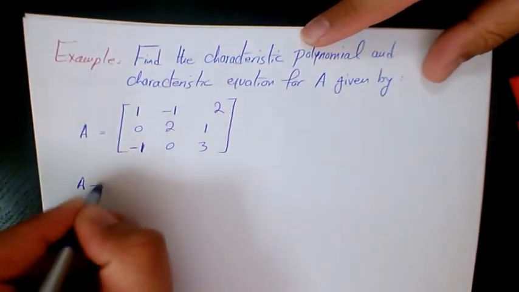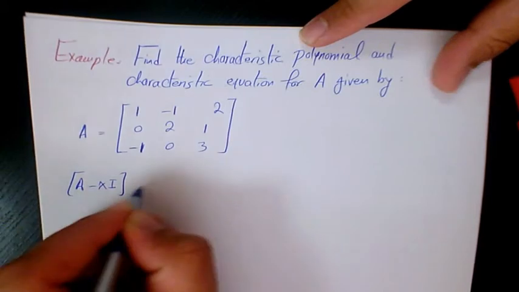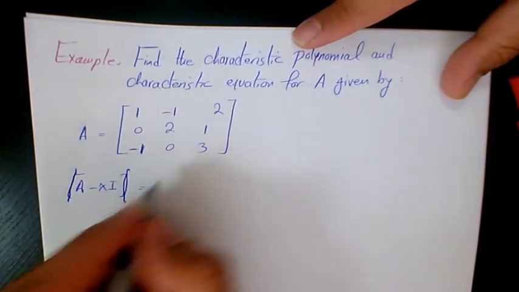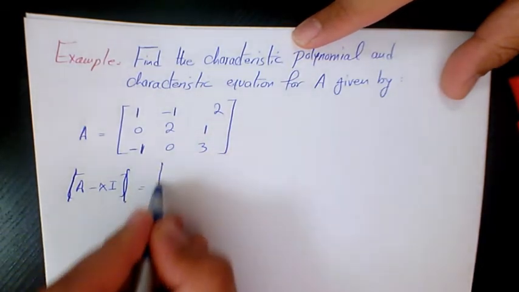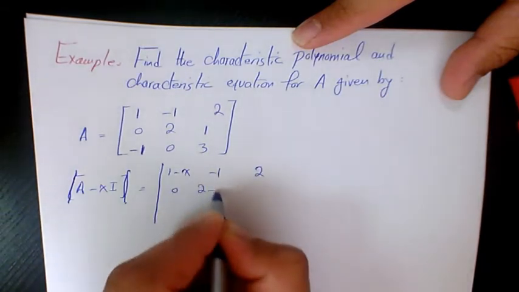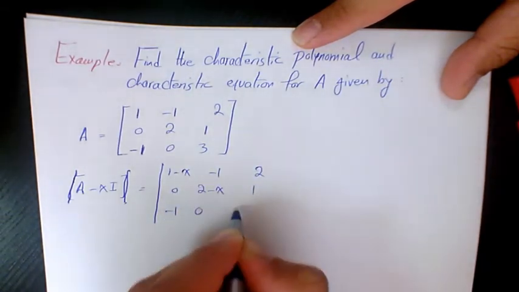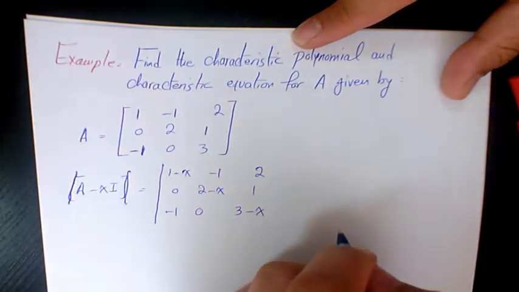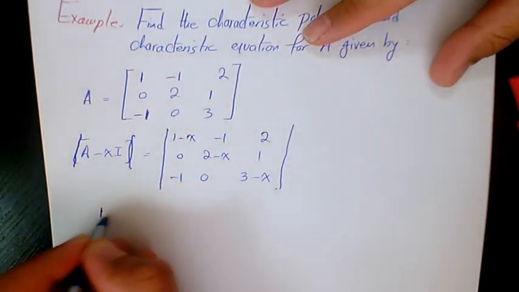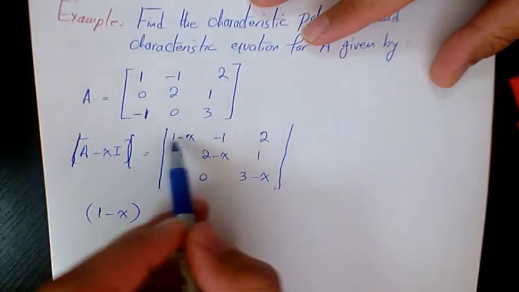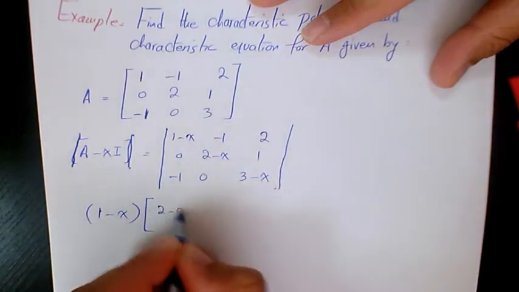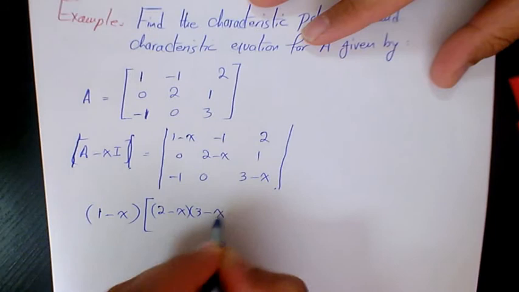A minus xI, basically the determinant of this, is going to be 1 minus x, -1, 2, 0, 2 minus x, 1, -1, 0, 3 minus x. Now we need to find the determinant. It's going to be (-1 minus x) times (2 minus x) times (3 minus x) minus 0.